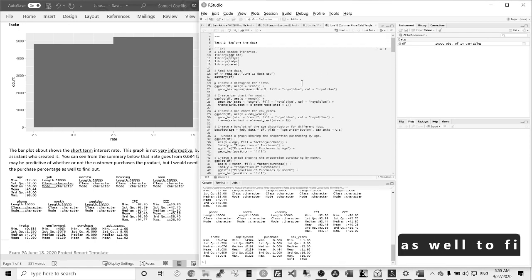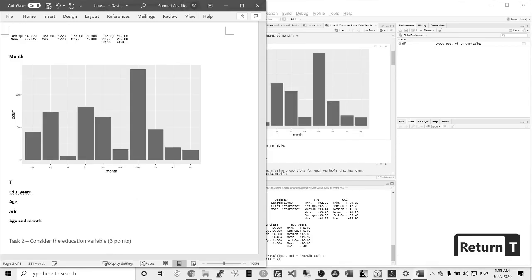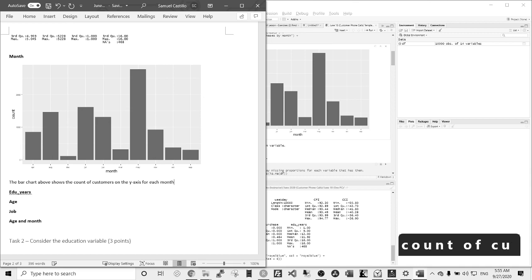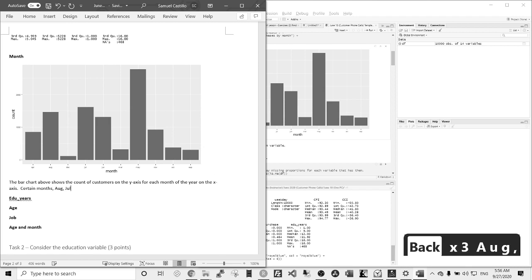What's the next graph? Create a bar chart for month. So the bar chart above shows the count of customers on the y-axis for each month of the year on the x-axis. Certain months, August, July, and May, have the highest call volume.